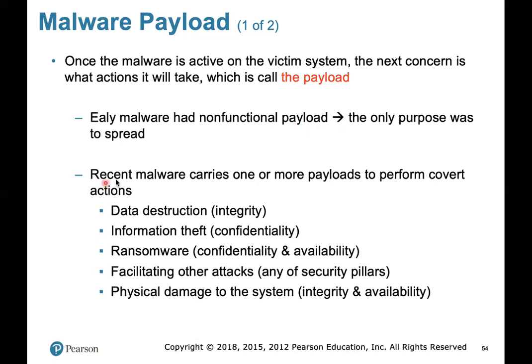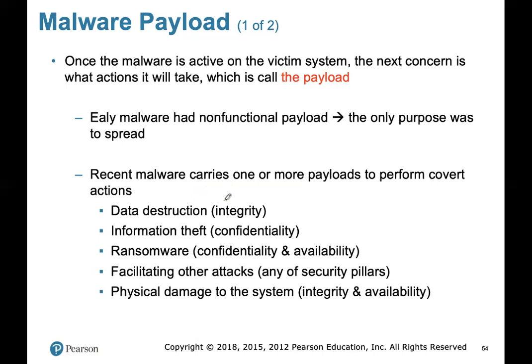In recent malwares, we have a wide variety of actions or payloads that malwares carry, and they execute or perform the payload activity in our computer in order to compromise at least one of those security pillars. If you remember, we mentioned three major security pillars in our computers.